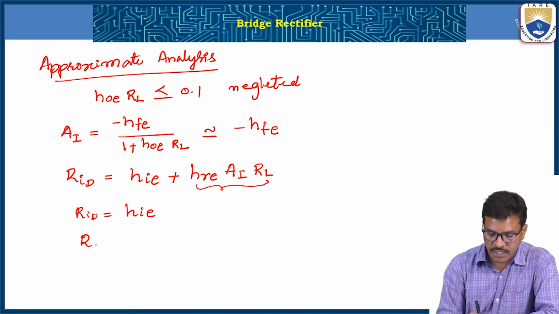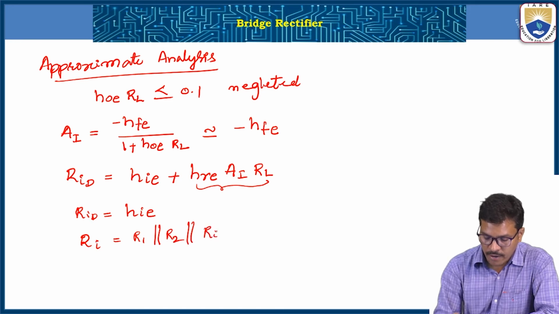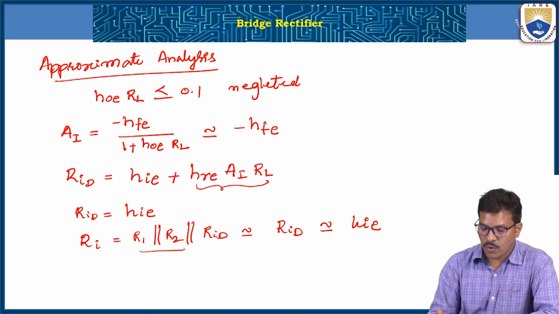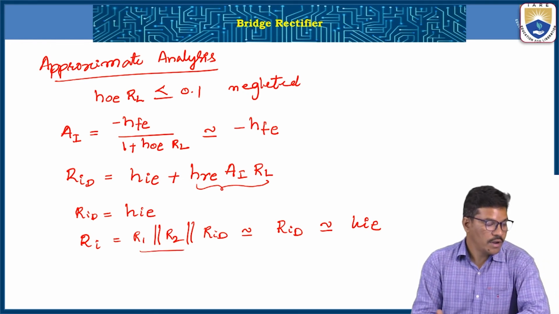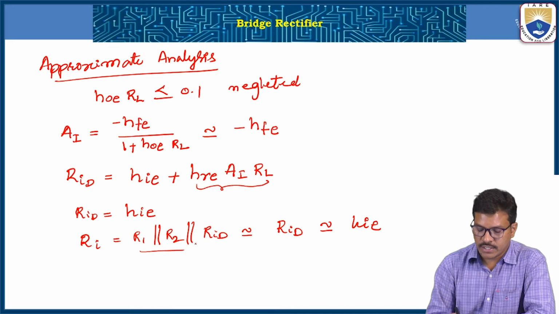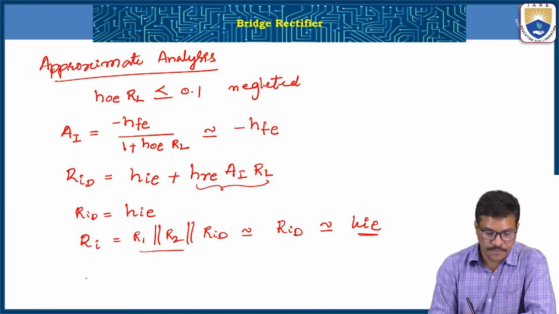Even if you substitute the external resistances R1 parallel R2, RID is also approximately equal to HIE, because R1 and R2 are very large compared with RID. So in parallel, the smallest value is RID, which is equal to HIE.